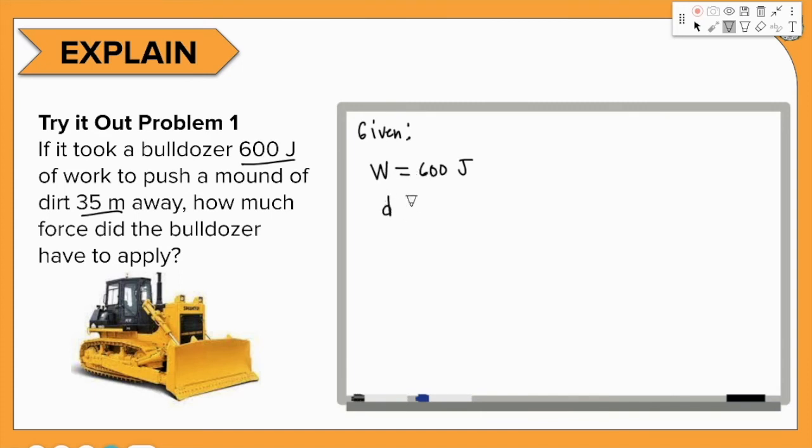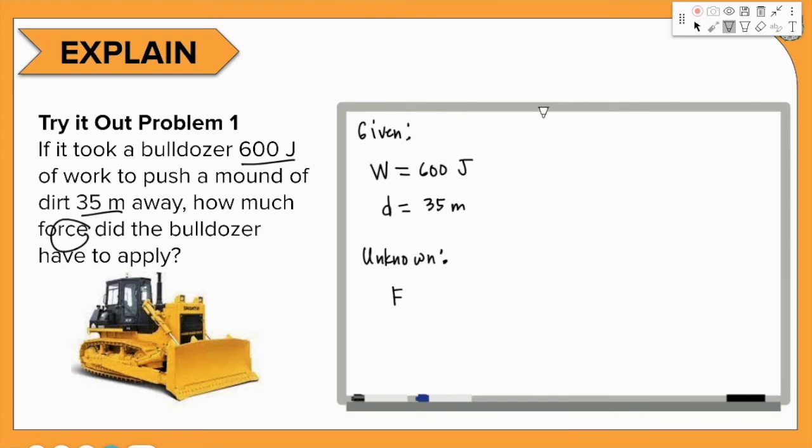So 35 meters is the displacement. Okay, so as you solve, it's always good to imagine the problem so that you will be able to understand it better. Okay, the unknown is force, because the word problem is saying, how much force did the bulldozer have to apply?